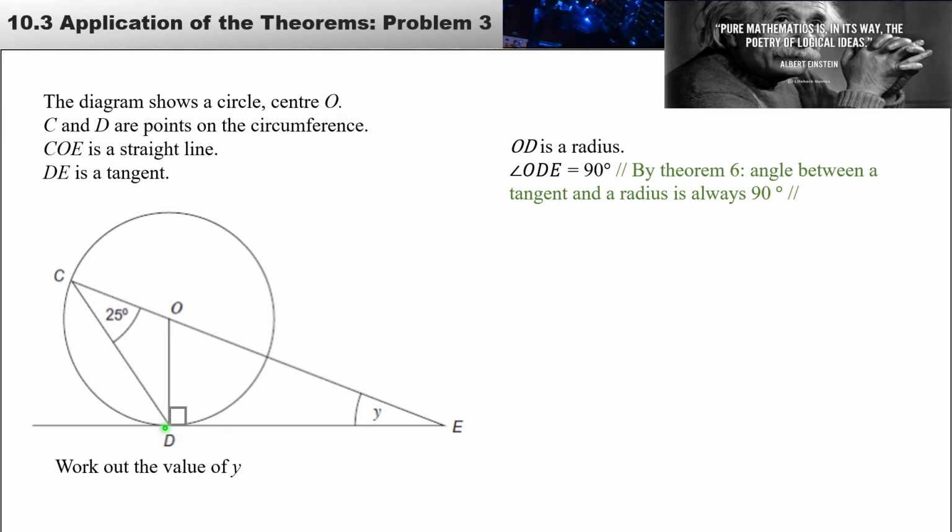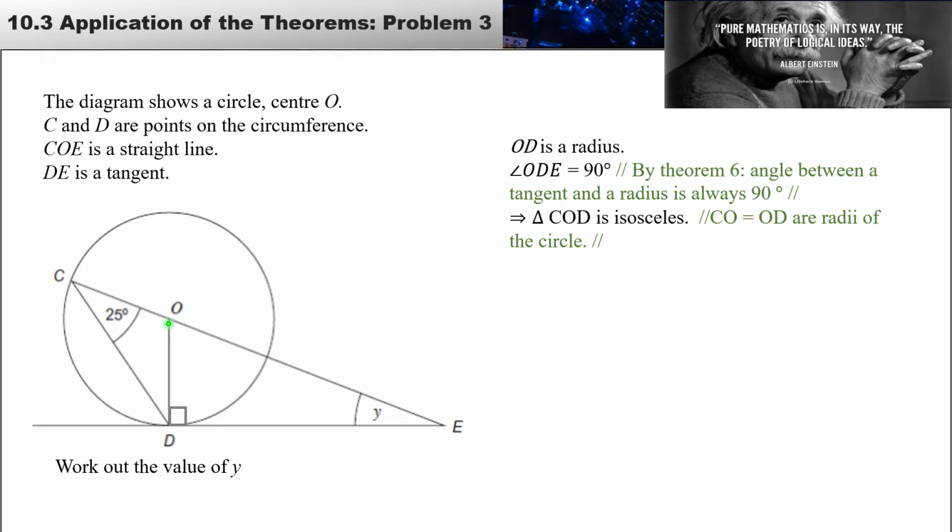We were already told that DE is a tangent, so we could take it for granted that it is a tangent, and that set the stage to use theorem 6. So the angle ODE is 90 degrees. This means that triangle COD is isosceles. Why?